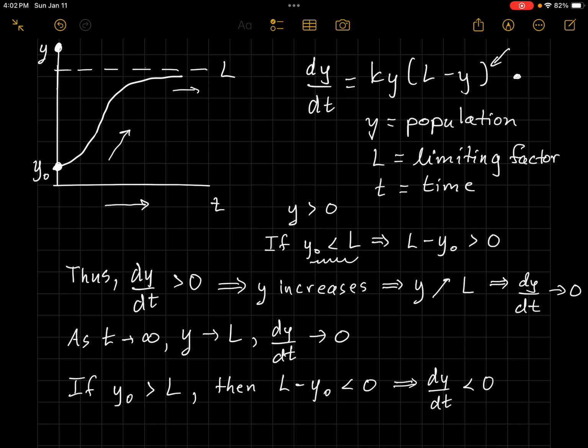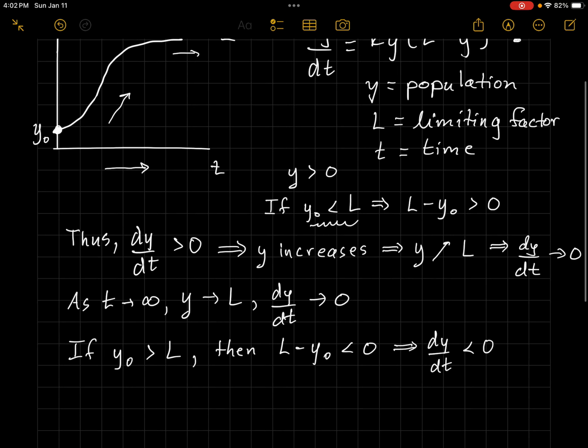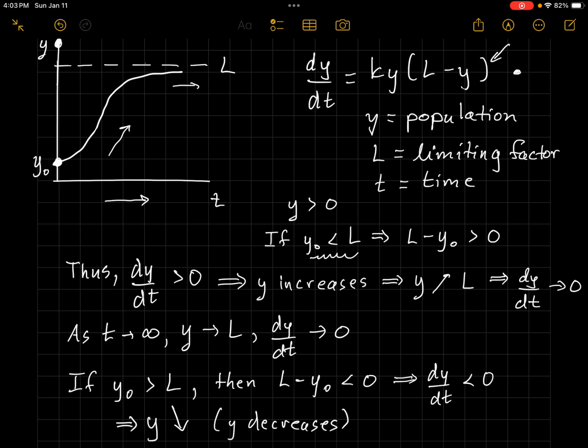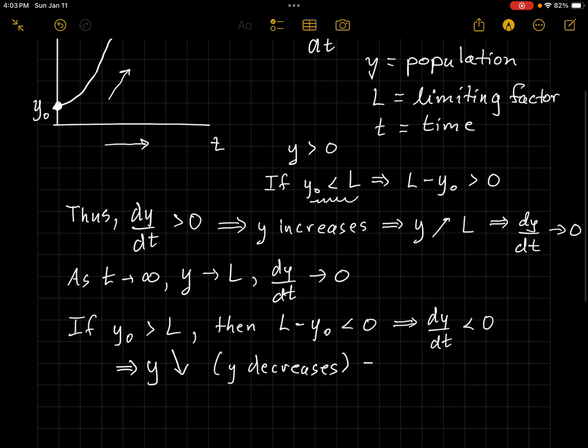Which means that the population must be decreasing, but if my population decreases, that means the population is still going to approach L, which still means that the slope will approach 0.